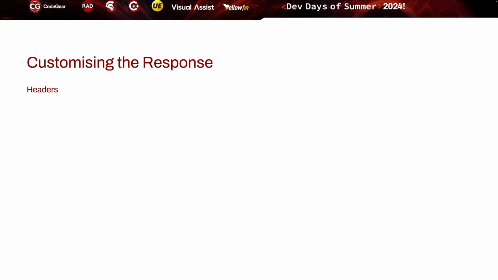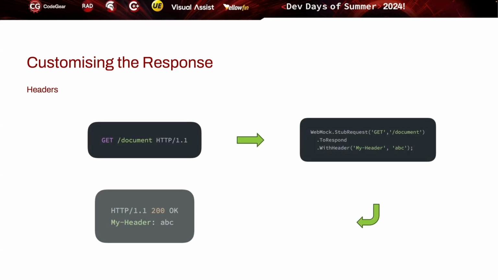So then let's look at how we'd customize the response headers. And if we want to add a header into the response, we say, so after the to respond. So it's worth pointing out here, everything after the to respond is a customization of the response. So, and you can chain these together, by the way.